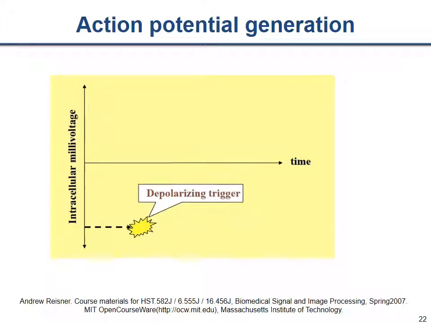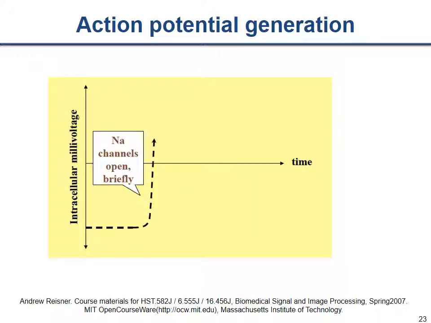And then what happens is that we get some sort of trigger. Okay, so this is the energy coming from, for example, the SA node or propagating through to the AV node. We get some sort of depolarizing trigger. What happens here is the sodium channels will open briefly. Now, sodium has a Nernst potential of plus 40 millivolts, which means that if this channel's open, the resistance drops considerably, and so the intracellular potential is going to tend to go up all the way to 40 millivolts.